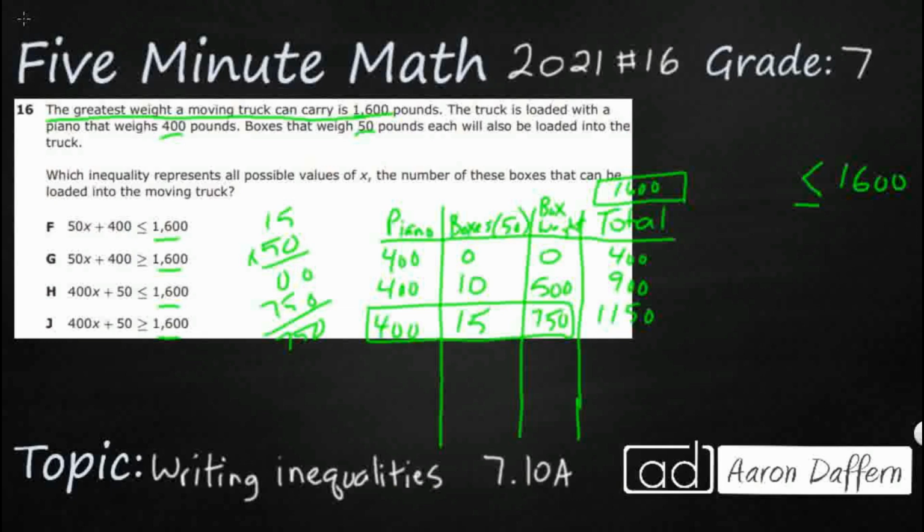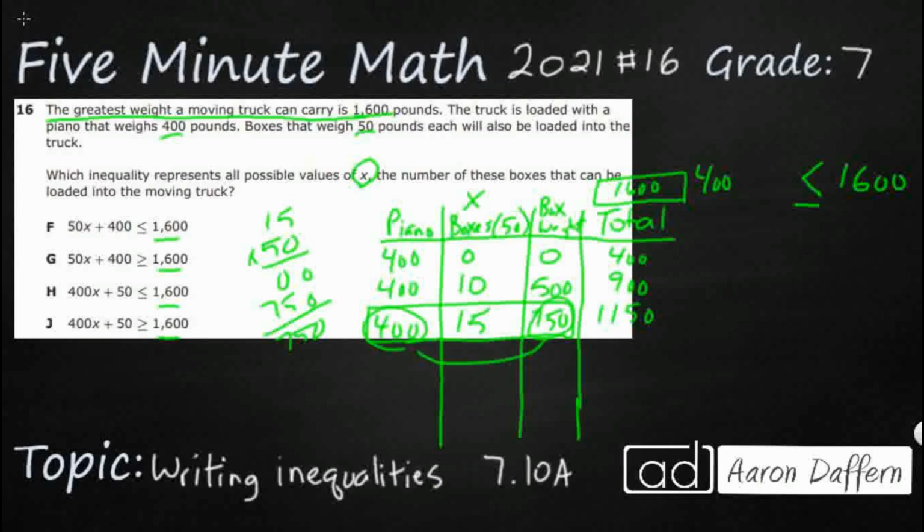Well, we know we're starting with this 400 pounds. That's been there the whole time. It's this piano. Then I would take my boxes and multiply that by 50, and they're going to give me this x as the number of boxes. So I would take the boxes, multiply by 50, and then add those two together.